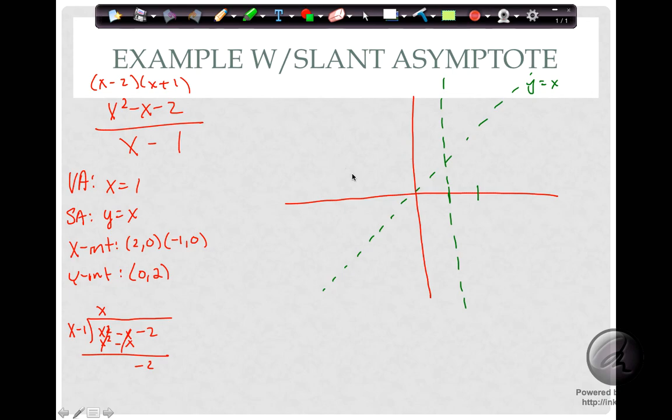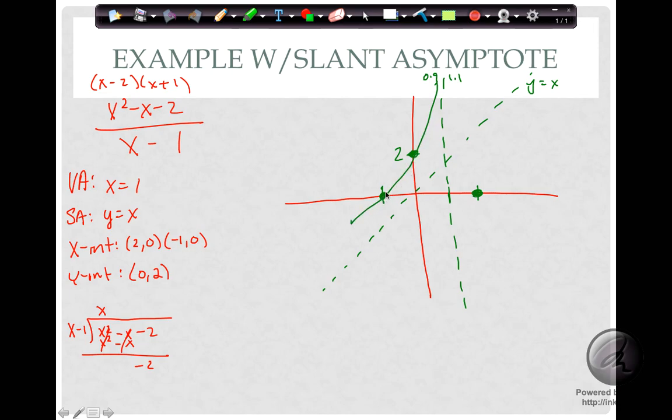Then we need to put in all of our other things. We have x-intercepts of negative 1, 0, and 2, 0. We have a y-intercept of 2. And again, if you were to test the numbers 1.1 and 0.9, 0.9 you'd notice is a positive value, and it's going to come down here like this.